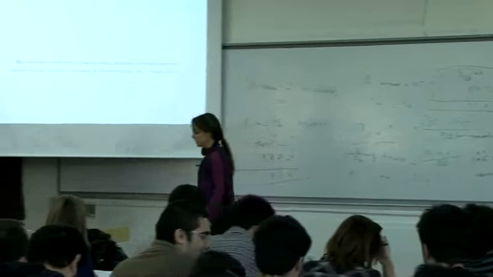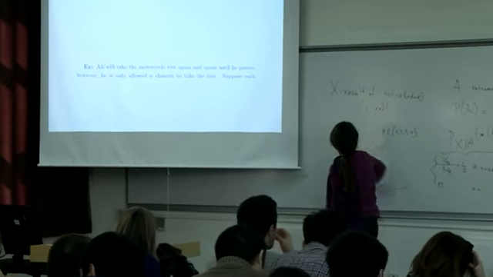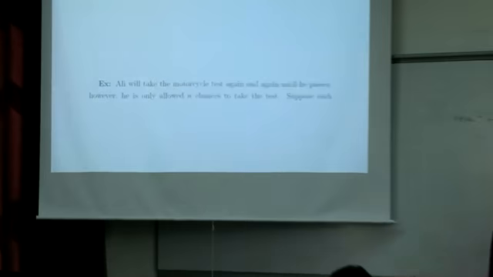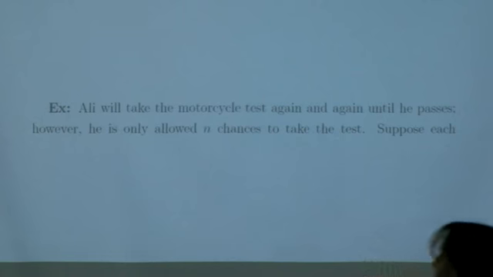Let's at least take an attempt at the next problem in the amount of time that we have remaining, because I believe it's a really fun and educational example. My friend Ali will take the motorcycle test again and again until he passes. Each time he takes the test, the probability that he passes the test is P, irrespective of what happened in his previous attempts.